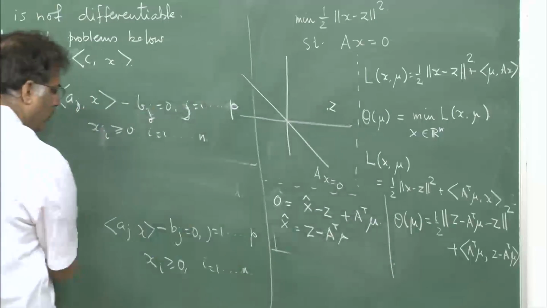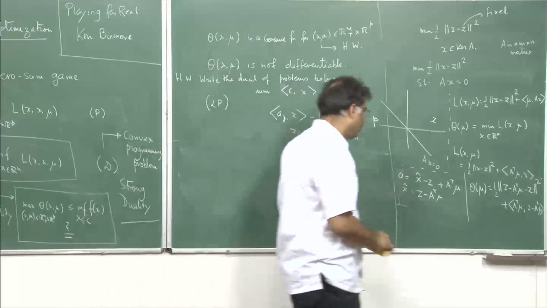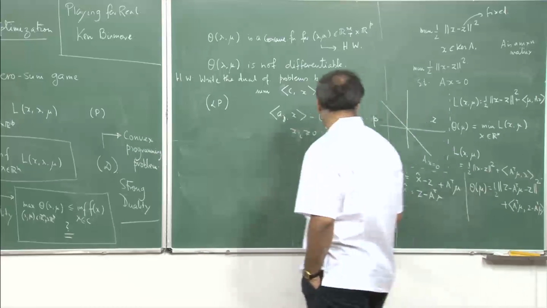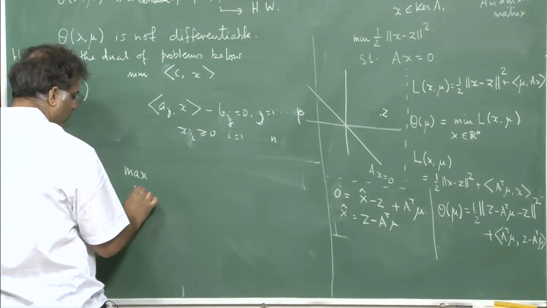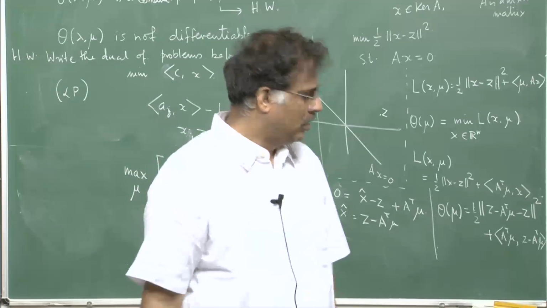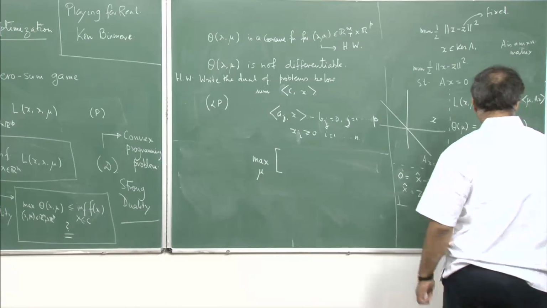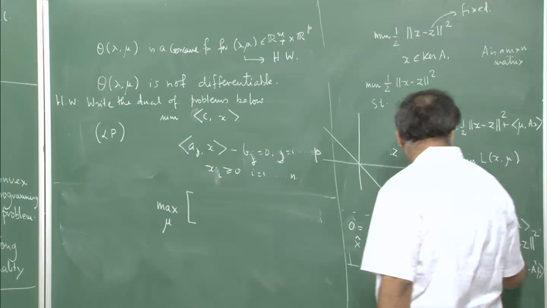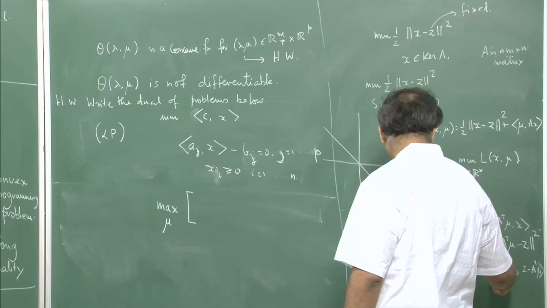So, the original problem, now the dual problem of this can be written as maximize over mu, which is the unconstrained problem. Now, if I do some manipulations here, because z would cancel, and you will have A transpose mu norm square from here also.